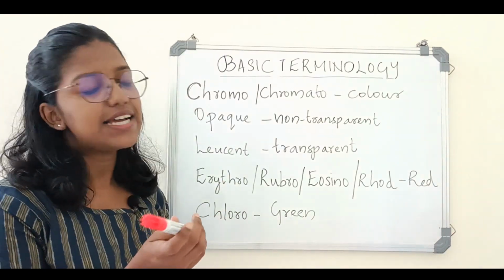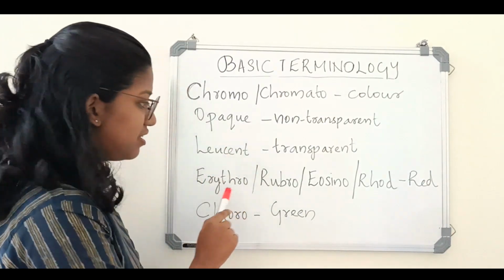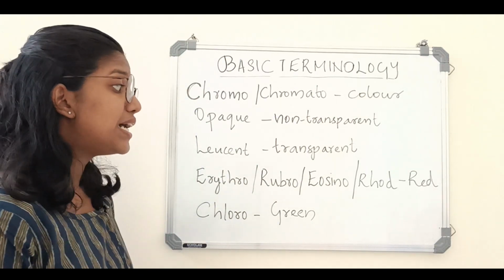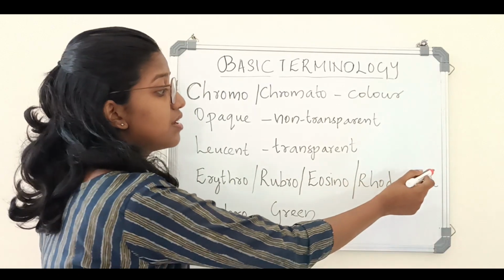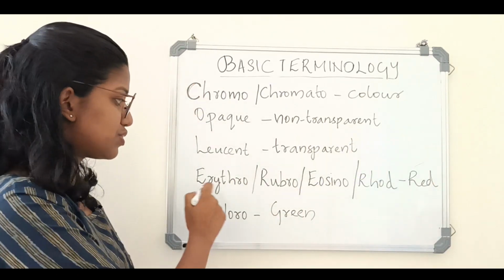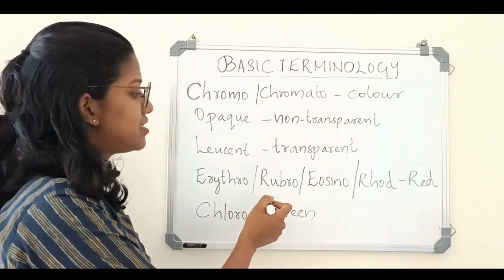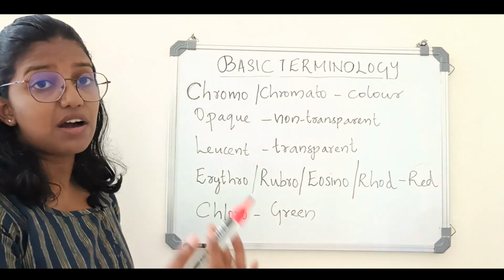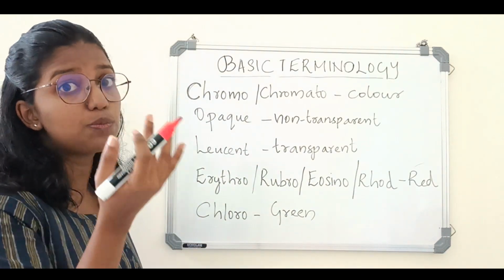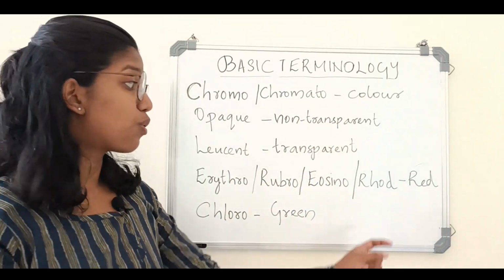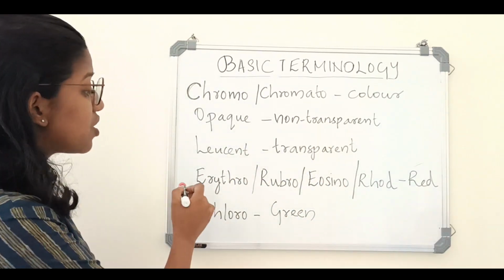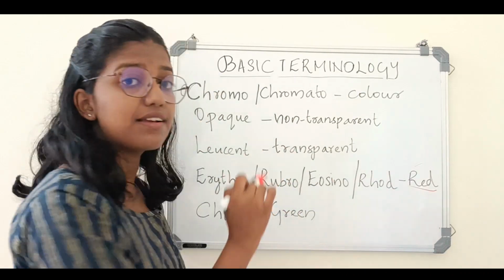And there are terms like erythro, rubro, eosino, rhodo. All these terms refer to the color red, like erythrocyte, red blood cell, and rubra, like polycythemia rubra vera, and eosinophil, rhodopsin pigment, right? These all refer to the red color.